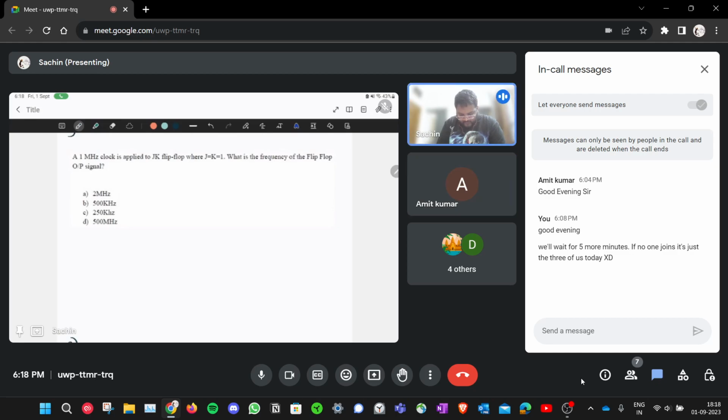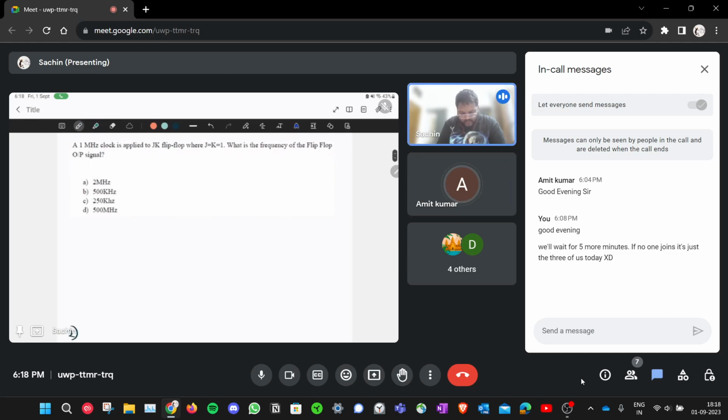So assuming it's edge triggered, let's say it's positive edge triggered, then at every positive edge of the clock the output will toggle. So this is the clock signal.